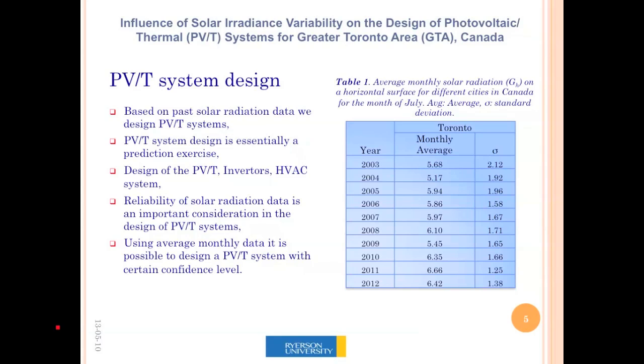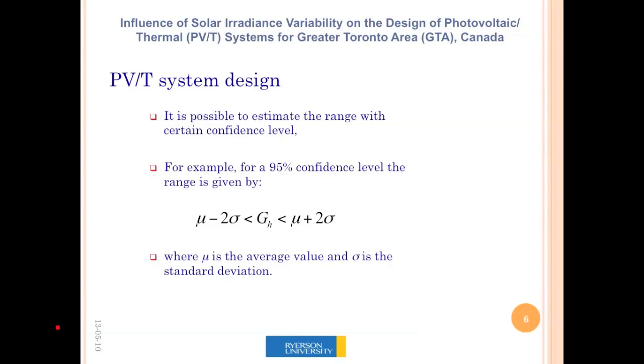So, for example, this is from 2003 to 2012. This is the standard deviation of the monthly average, with a certain confidence level, let's say 95%. So what's the variability?